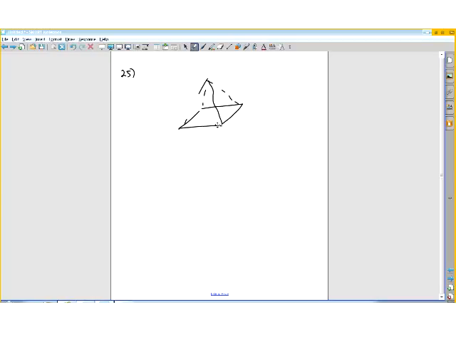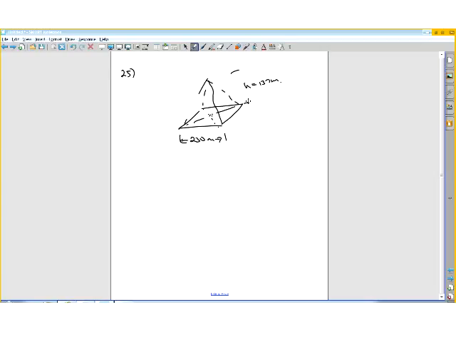Each side of the base is 230 meters. And its height, h, is the distance from right here in the middle of the base, if you drew straight up, you get 137 meters.